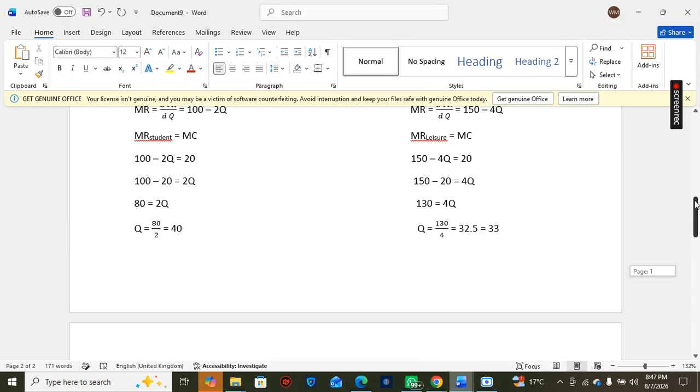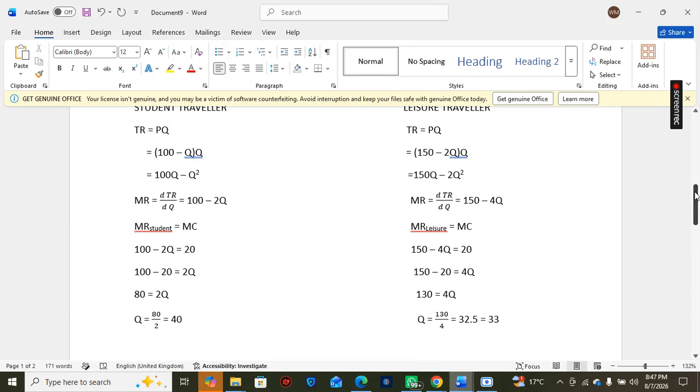We get the total revenue now for leisure travelers. Total revenue for them was 150Q minus 2Q squared.